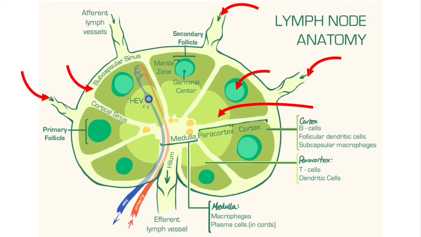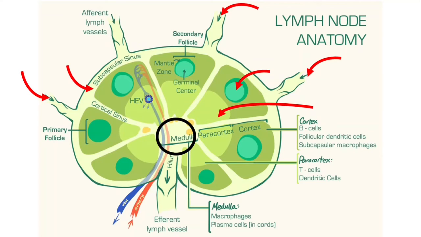Then we have the medulla. It's the place of collection of the B lymphocytes, the T lymphocytes, the filtered interstitial fluid, and the result of interaction between the B and the T lymphocytes and any bacteria or foreign body.